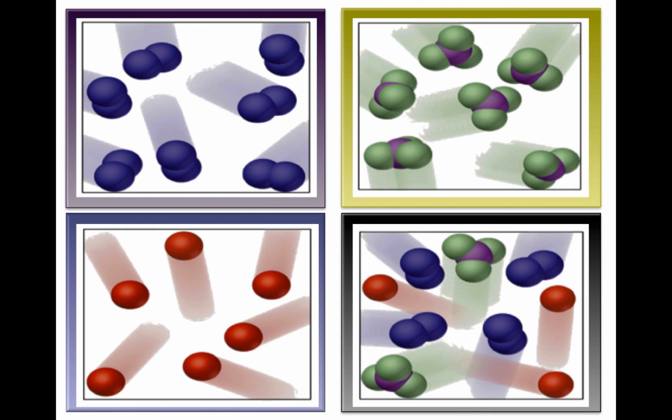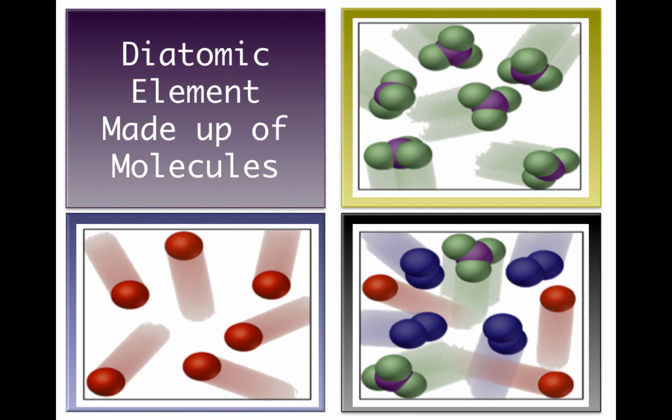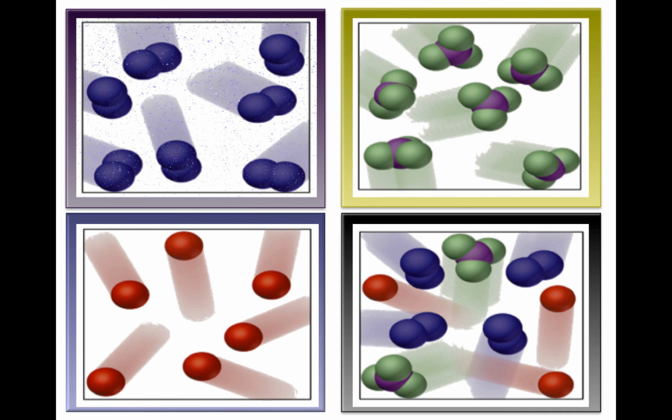Notice that the diagram represents 2 circles, 2 atoms of the same color connected to one another. In other words, there's a chemical bond between those 2 atoms. This would represent a diatomic element made up of molecules.